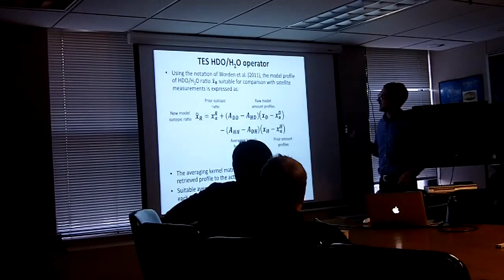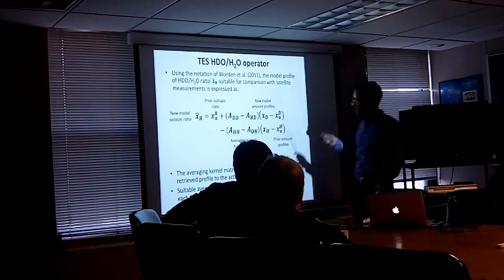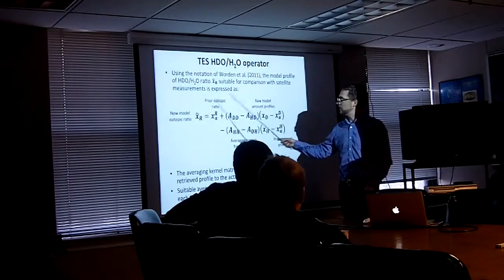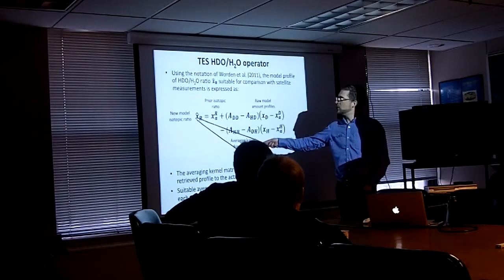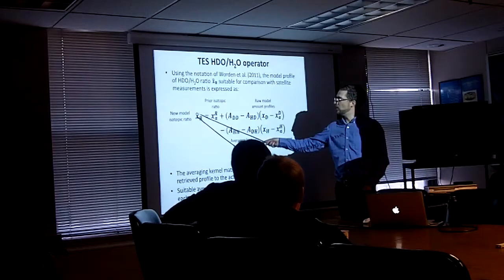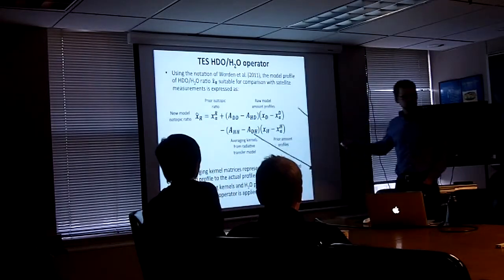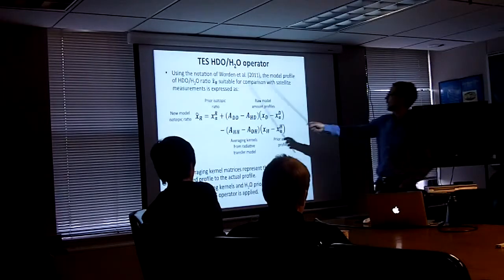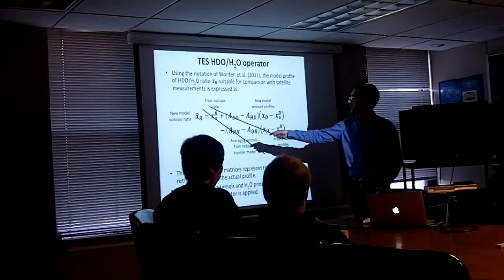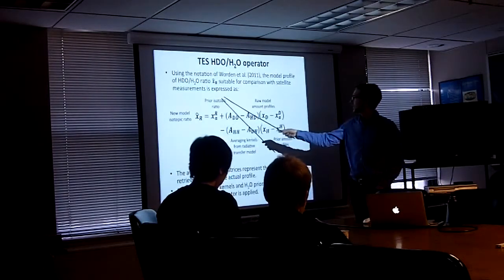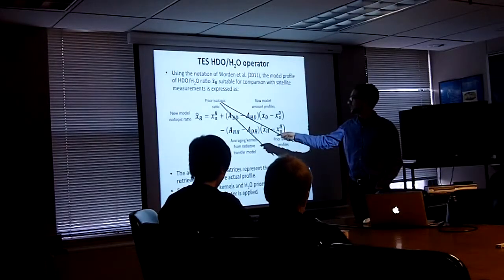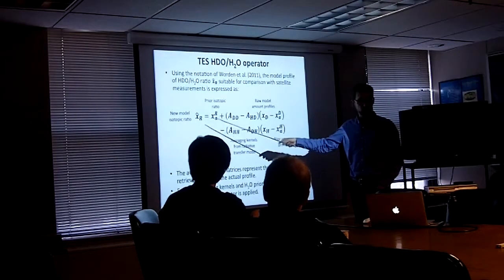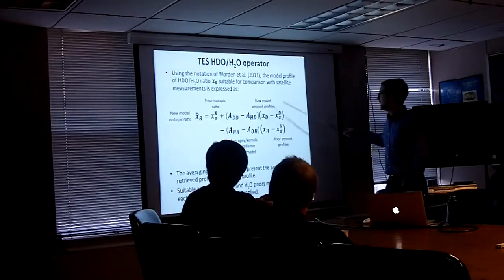And so we use that in computing the model isotopic ratio that we want to eventually compare to the measurements. All I want to point out here is that that new ratio has contributions from that prior assumption, which you can think of as the initial guess.